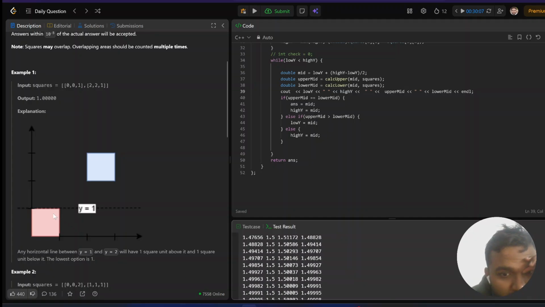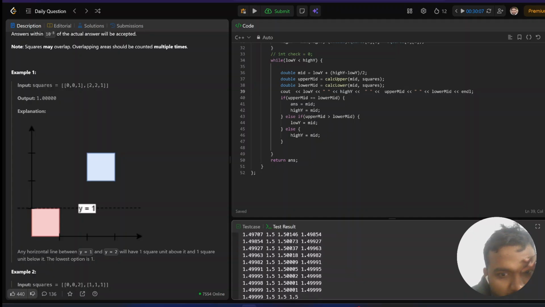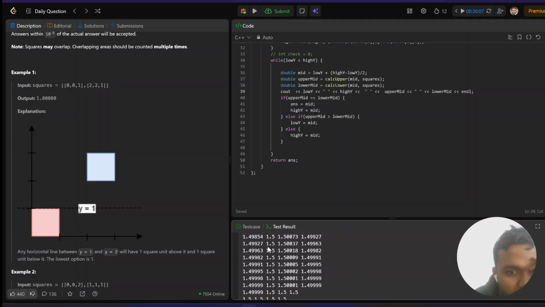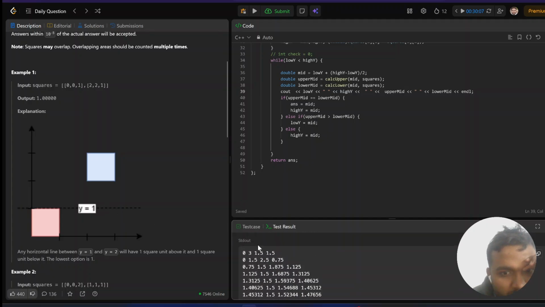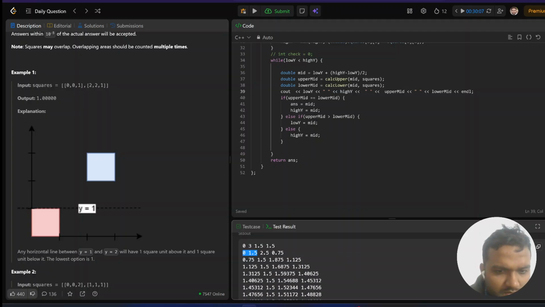So upper becomes 1.49, approaching 1.5. This becomes 1.5. We have proved this 1.5. In this, when we have a 0, we have 1.5, we are going with this.